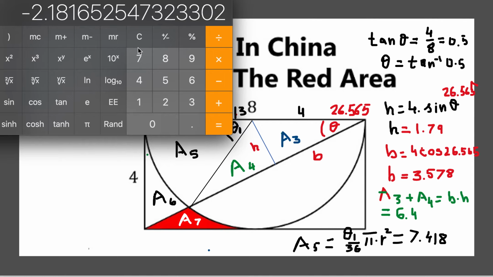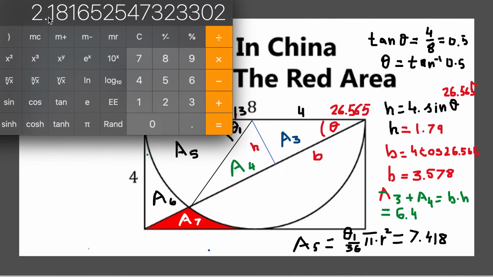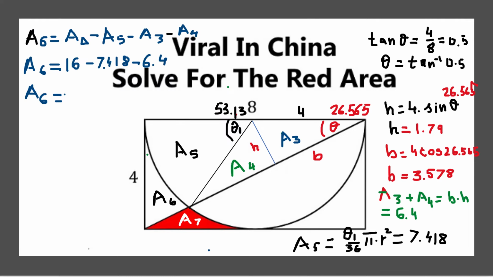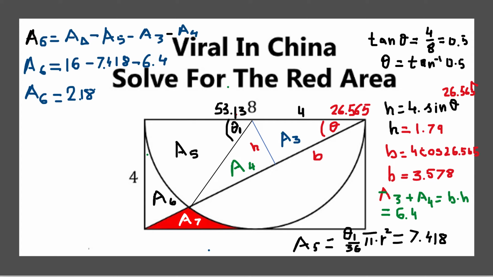And this is a negative number, so let me put a positive 2.18. I can write in some more decimals here, because I want to go as close as I can to the exact value, so I'm going to approach it more closely.